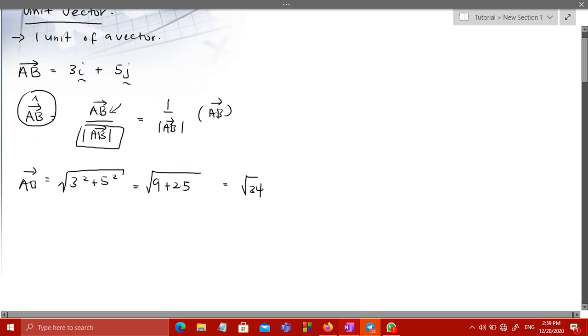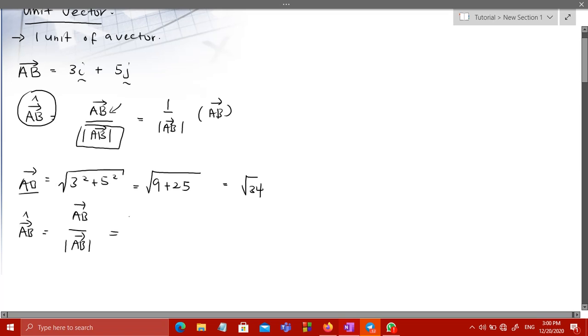And the unit vector is equivalent to vector AB divided by the magnitude of AB.